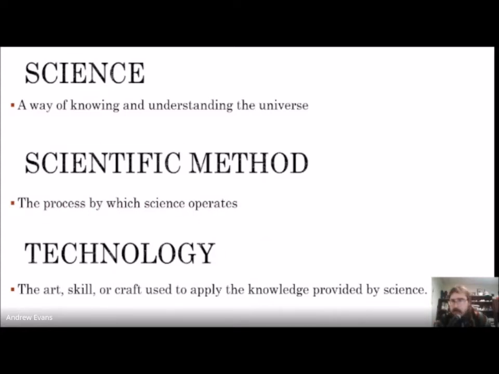We have to ask additional questions to further understand what we've just seen. We need to interpret the answers to our questions. And then we have to communicate our knowledge to other people. All this falls under the scientific method, the process by which science operates.